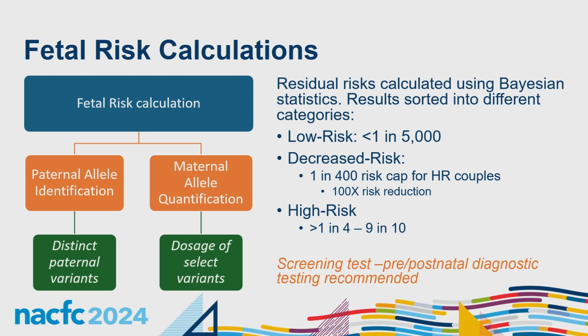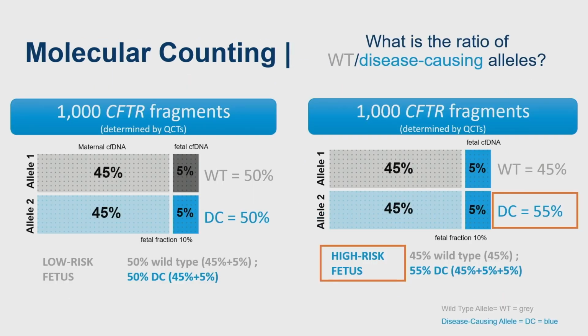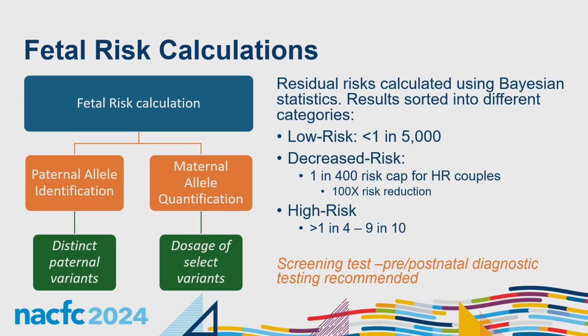So again, it highlights that this isn't a diagnostic test. It's not getting you to 100%, but it does really move that needle one way or another. What I showed in terms of this counting, it's helpful if we are assessing to see if a baby is homozygous for a CFTR variant, but we know that there are compound hits.